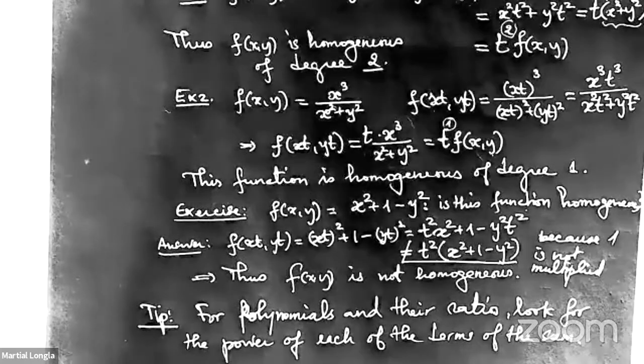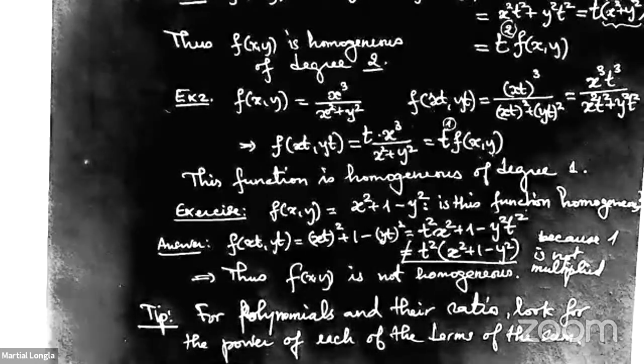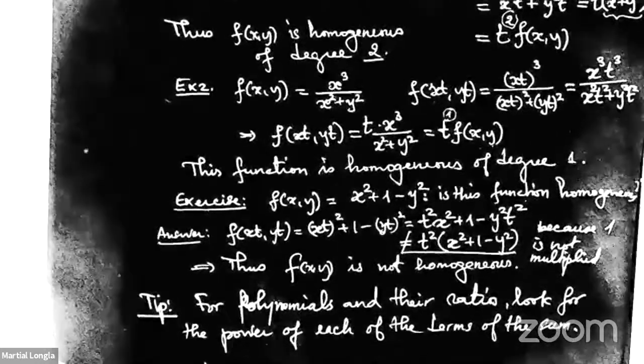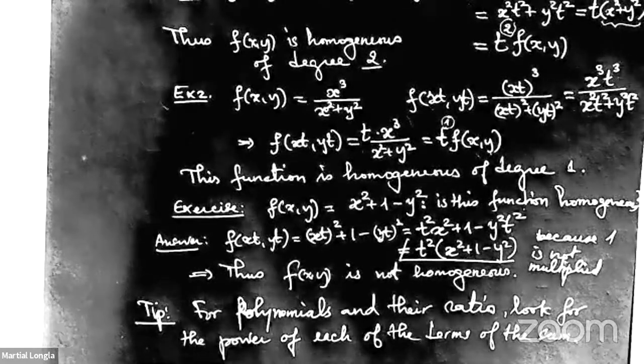If all the terms of the sum have the same power, then it's going to be homogeneous. If they don't have the same power, then it's not going to be homogeneous.